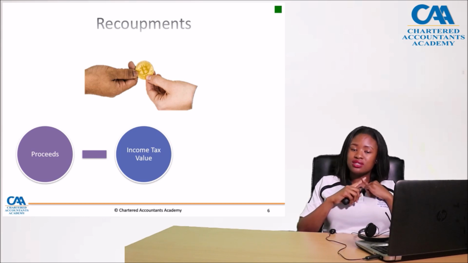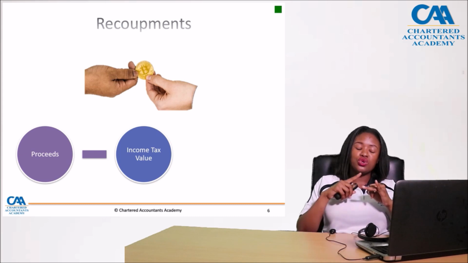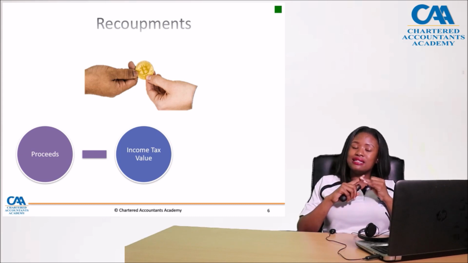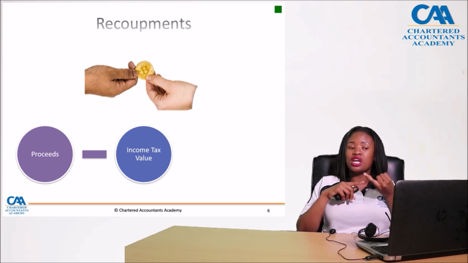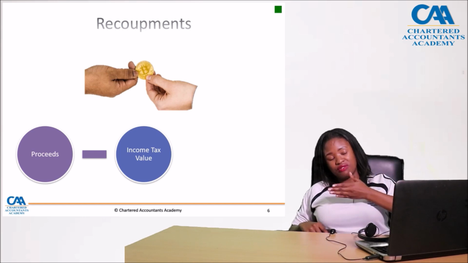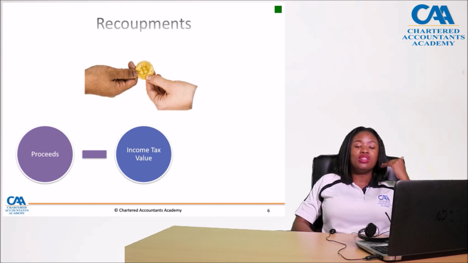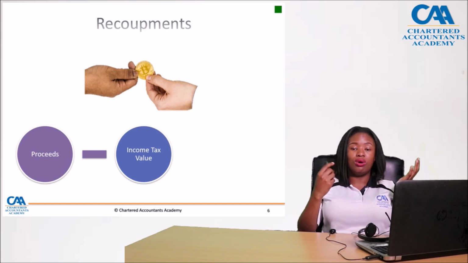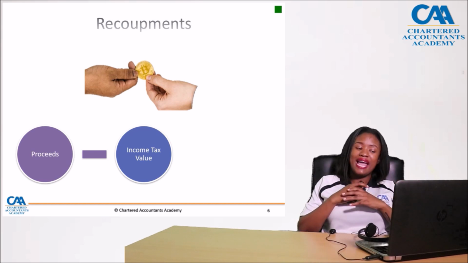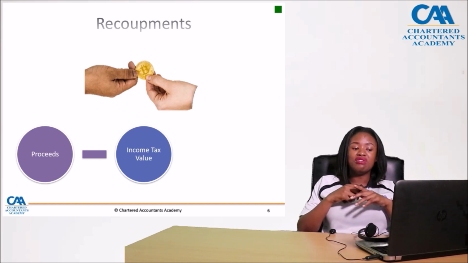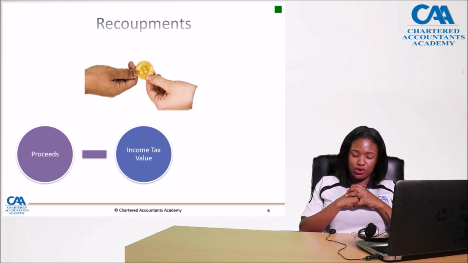We had a cost that we started with, and then we started claiming capital allowances. So the cost less the total capital allowances that you claimed over the life of the asset will give you the income tax value, otherwise also known as the tax base. It will give us a potential recoupment.